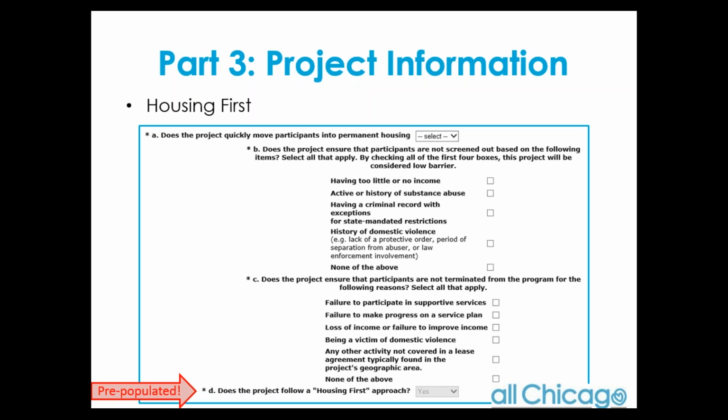Then for C, you'll also have to answer whether you ensure participants are not terminated from the program for all of those reasons listed there. If you're able to check all of those boxes, D will actually pre-populate with yes or no based on your responses above. It is important to note that if you were housing first in a previous application, you do need to continue to be housing first. That's a requirement written into the instructions and into the NOFA. So ensure that you are maintaining previous answers as well.